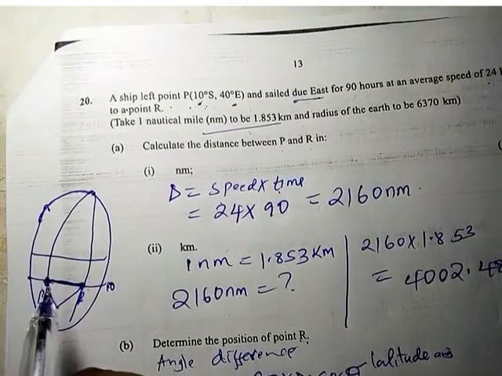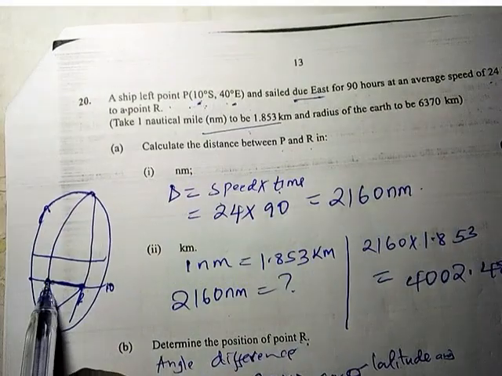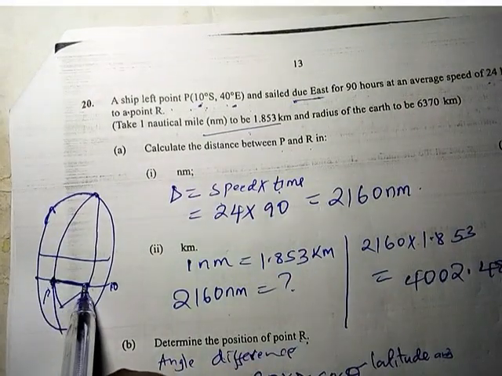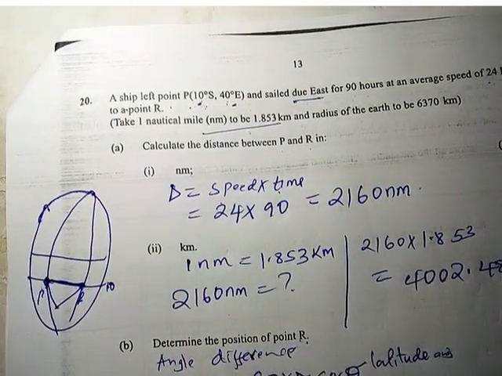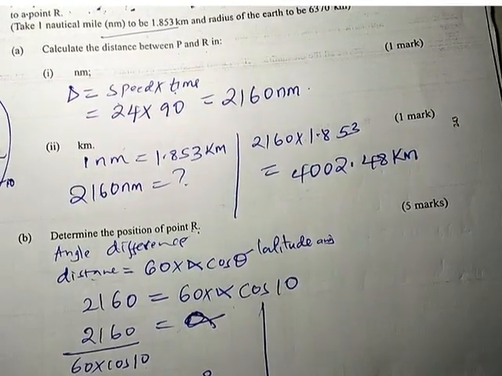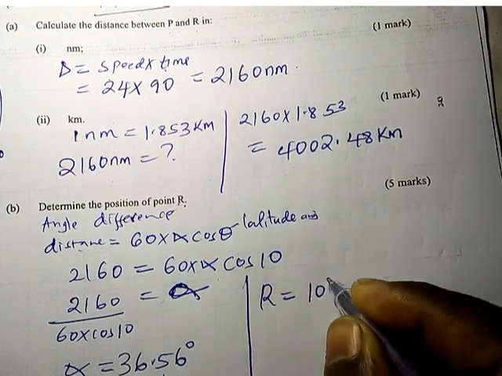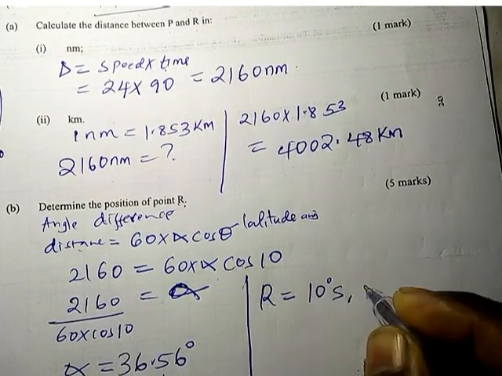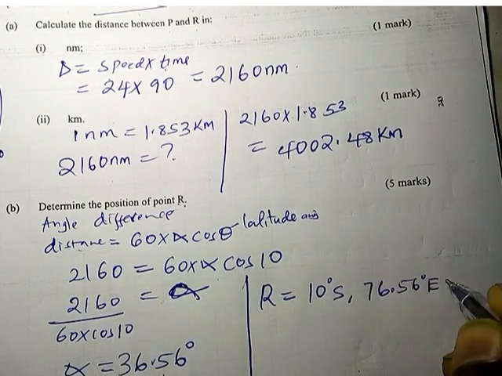Kwa nini tumefanya hivyo? Kwa sababu P iko east. Tunaona P iko east na imemove towards east, so we add. So now R will be 10 degrees south, 76.56 degrees east.